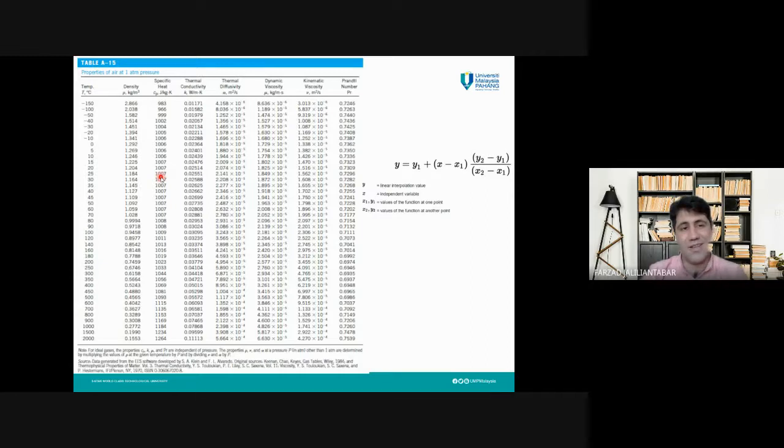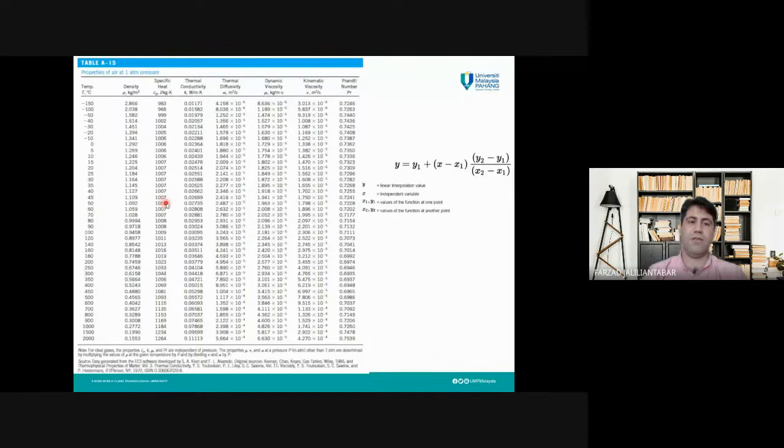But in some cases, if we want to be more specific, for temperatures like 300 and 350, you can see they are different. Then you need to do interpolation. For high temperatures, you may need to do interpolation to find the value for that specific temperature. But here, the temperature we have is between 50 and 60.